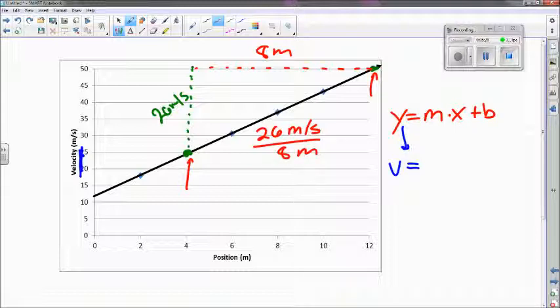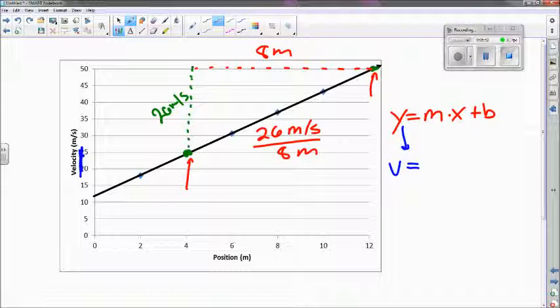And it's important to put the units in there when you're doing the slope, because the slope, when you put it into the equation, has to have the correct units. And it's easiest to see what those units are if you actually do the math with the units as well. A lot of times people leave these out, and then they're just throwing in whatever units they think they should be, and you're just guessing.